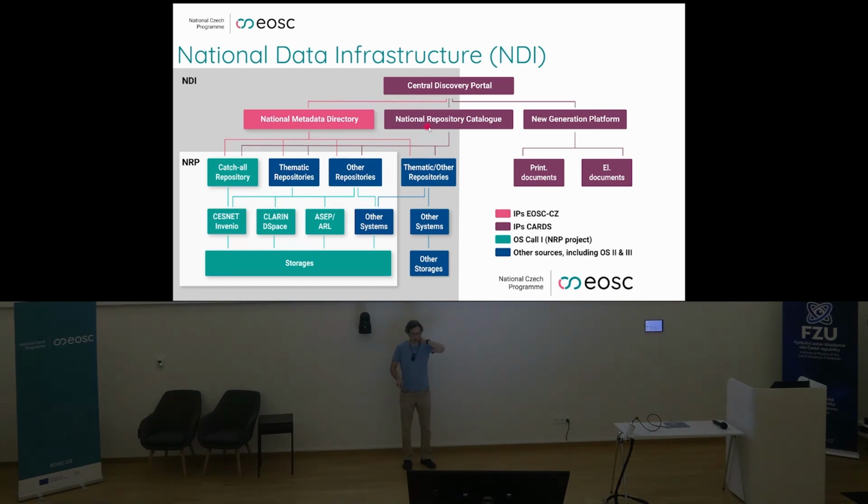There should be a National Repository Catalog to easily find the repository that's suitable for you. It's also connected with the CARDS project, working on integration and upgrading infrastructure of libraries to aggregate with the data repositories and aggregate all printed and electronic documents across the country. And at the top level, a central discovery portal should be available.